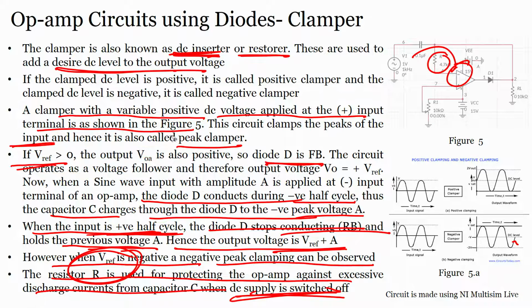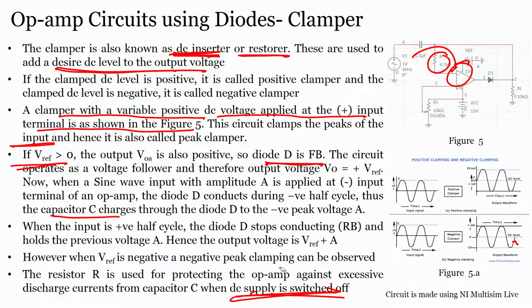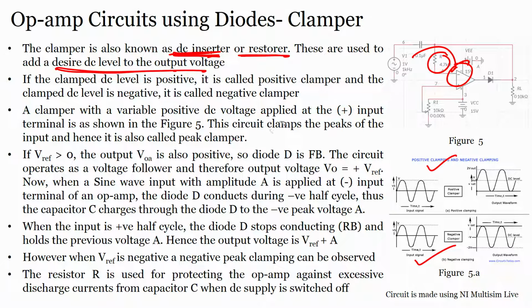So, like I said, if the V reference voltage is positive, it can work as a positive clamping circuit. You can see here, if I want to design this clamper using the operational amplifier, using the simulation and see how the circuit will operate, then we have to again use Multisim.